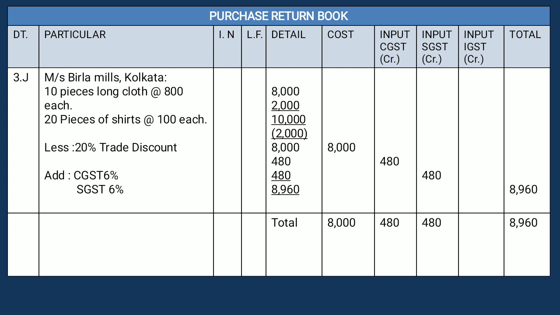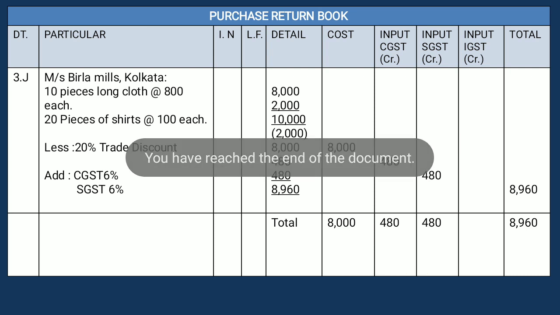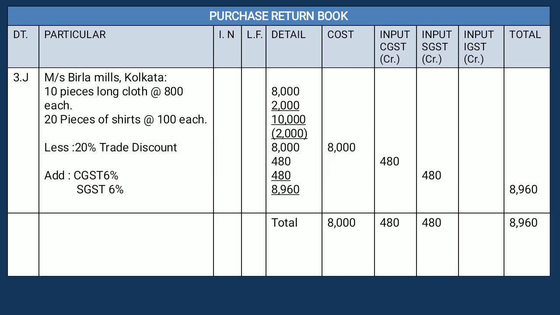Total cost, that is 8,000, output CGST 480, output SGST 480, and total will be 8,960 that we have to record. So here we have completed our sales book. Hopefully, it was the sales book, not the purchase return book. On the heading at the top you have to write sales book.